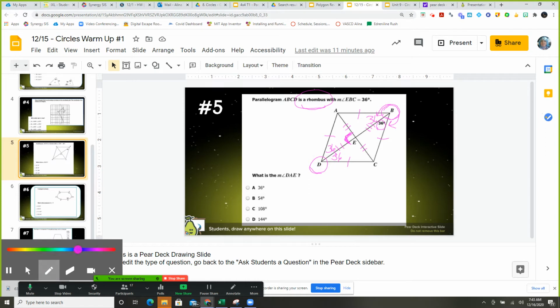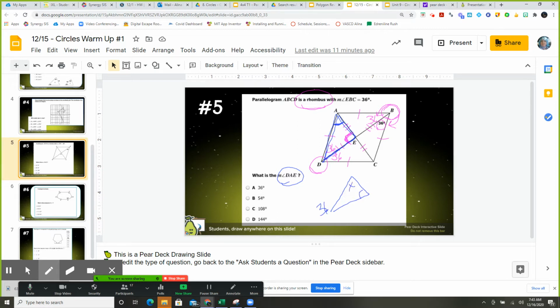So if we know that all these angles at the outside are 36, and we know the interior angle is a right angle, how can we find DAE? DAE, we want this angle right here. So basically, I've got a 36 and a right angle, and I want to know X. How do I find that?